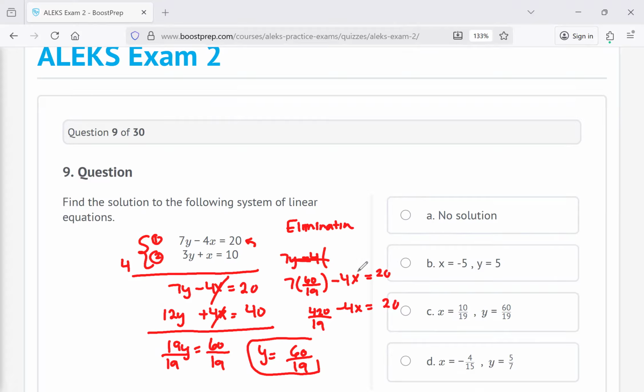Oops, forgot the 20. And then to solve for x, I would have to get rid of the fraction by multiplying everything by 19. And when you do it all, you get 10 over 19. Okay, so it is definitely C.